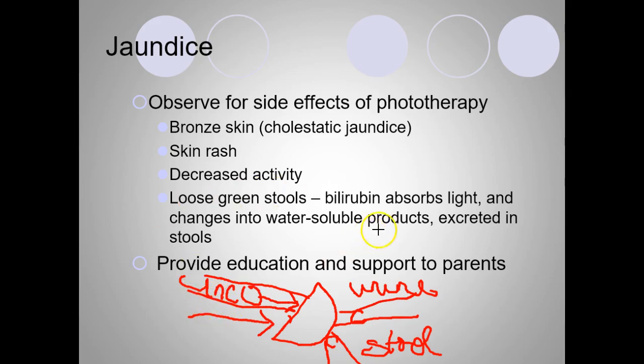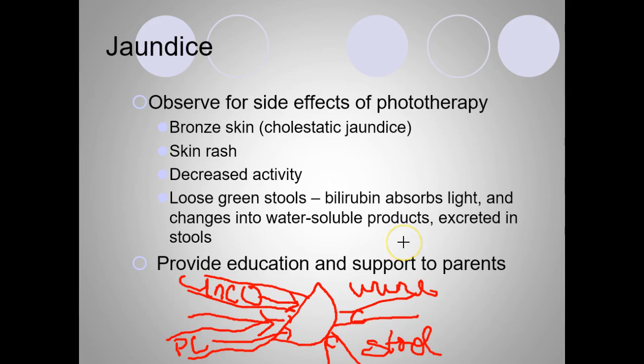So when they're under phototherapy, it's already partially conjugated. So now, instead of having a totally unconjugated product, you have a partially conjugated product, and so it's much easier for the liver to process this and turn it into conjugated or water soluble bilirubin and to be excreted in the urine or in the stool.